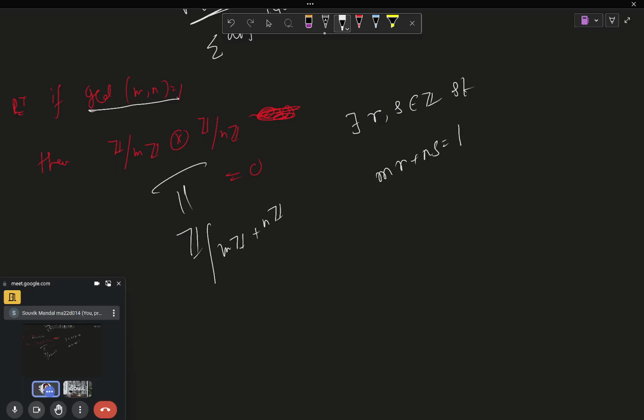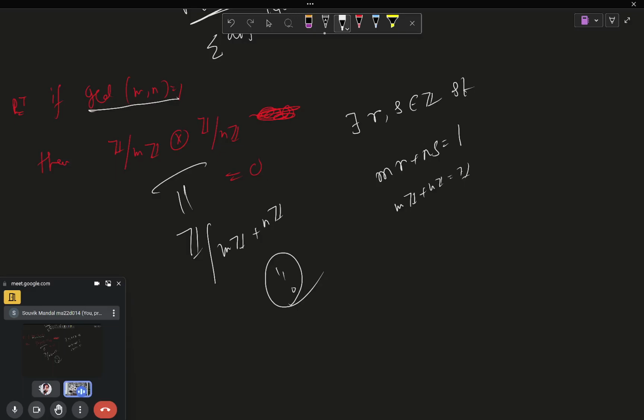That's fine. So the ideal contains the identity, and the whole thing turns into the ring Z. Perfect. So you are getting it correctly.